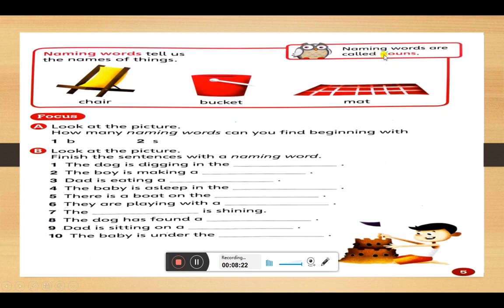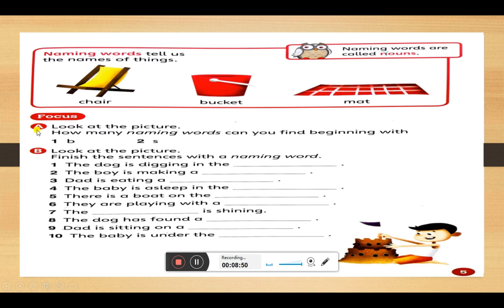So here in page 5 we have 3 different pictures. We have the picture of a chair, a bucket, mat.